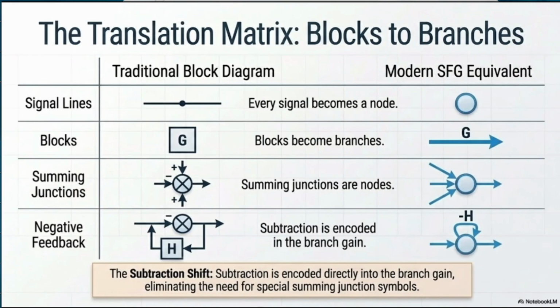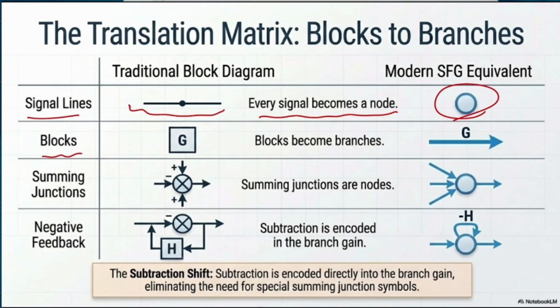So this is going to be a very simple mapping from the blocks to branches. Imagine that you have the signal lines. In the traditional block diagram we just call them like this, but every signal becomes a node in our modern SFG equivalent.